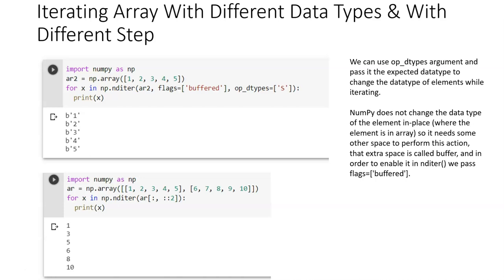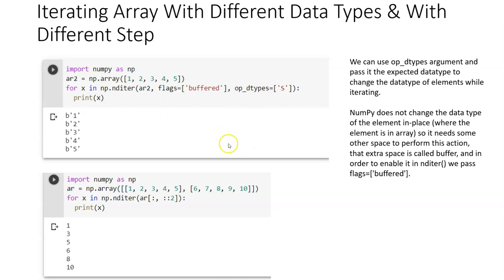So when you are doing it, you are specifying the type. Here we are converting into a string, and we are using this flags equal buffered because here these are numbers, right? They are stored in some place. Now when you're converting into string, new space in the memory needs to be created, right?